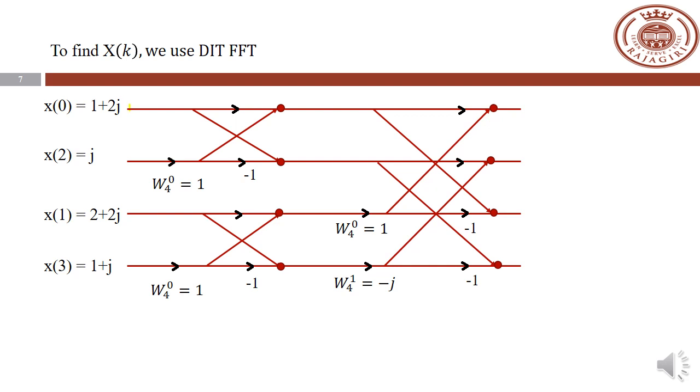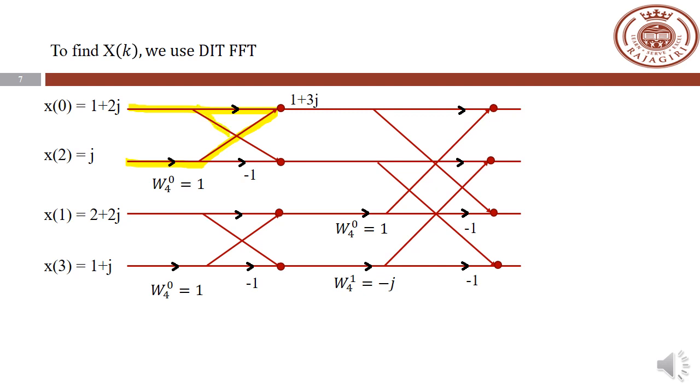Coming to the first output sample, we are going to have 1 plus 2j at this branch and j into W4 raised to 0 from the other branch. These two samples add up, that is 1 plus 2j plus j, and the output becomes 1 plus 3j.